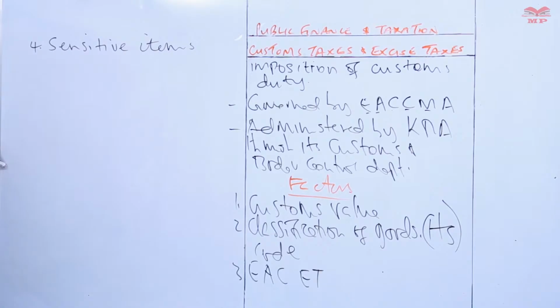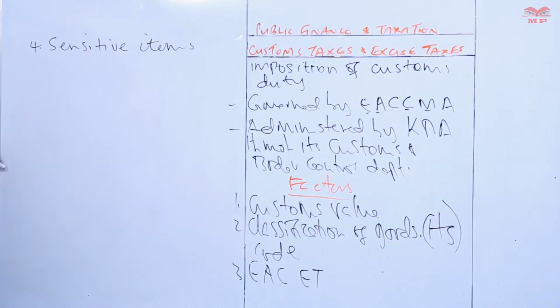There are certain goods deemed sensitive for economic or social reasons that attract higher duty rates, which can exceed the standard 25% and may even go up to 35% or higher for specific products as listed in the East African Community External Tariff, second schedule.